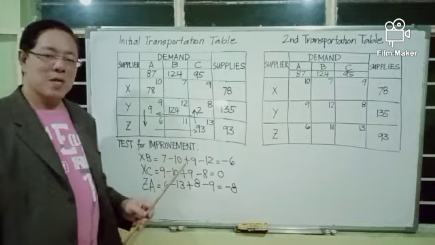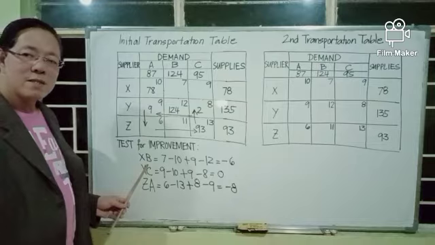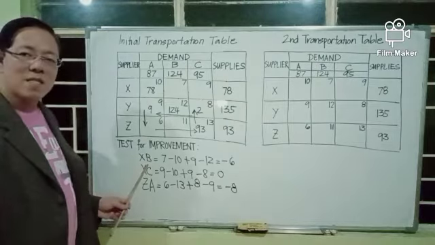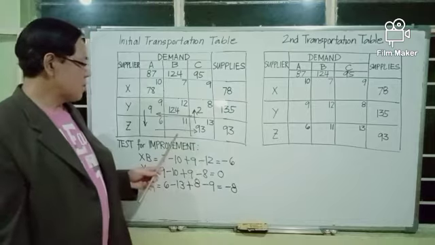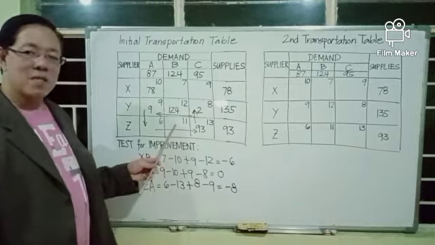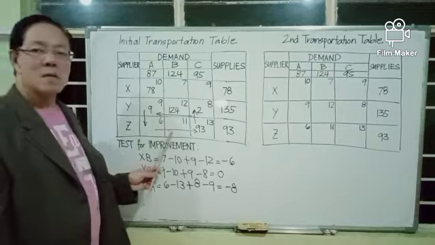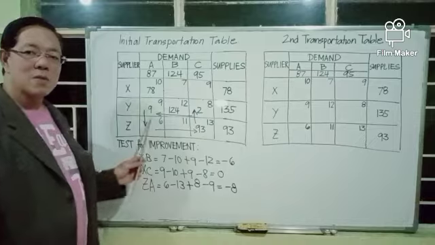Hence, it is better to transfer some units to the vacant cell ZA than to the vacant cell XB. But we will not do that yet because we still have one vacant cell to consider, this vacant cell ZB. And let me remove again these arrows.